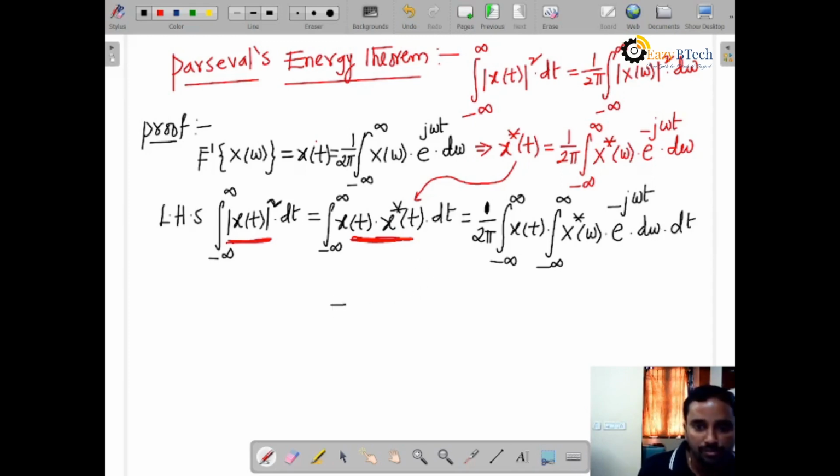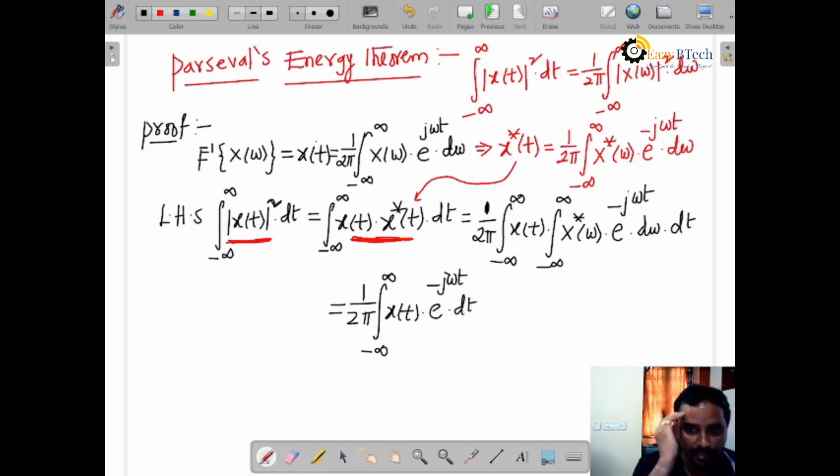Now I am going to arrange these terms: 1 by 2 pi, the integral from minus infinity to plus infinity, and all the t terms together, x of t e to the power minus j omega t dt.